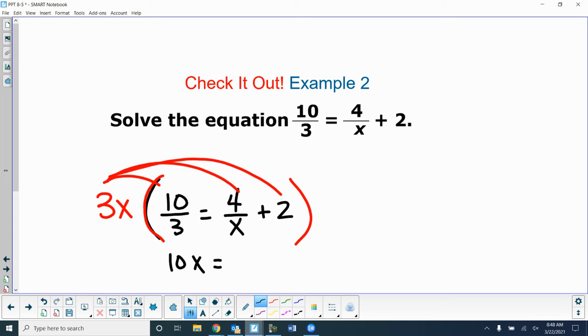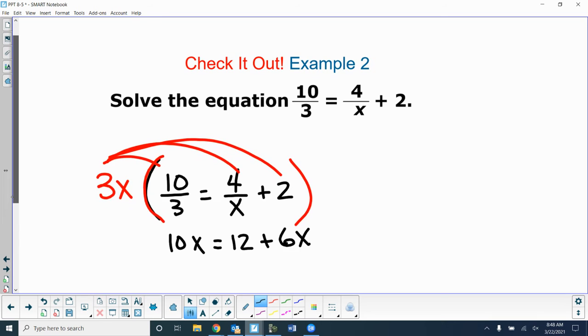The X's. So what's 3 times 4? 12. Does anything cancel? No, there's no denominator, right? So it's 3X times 2, which is what? 6X. So that's what it looks like after we multiply everything by 3X.